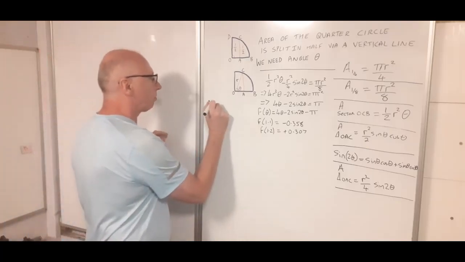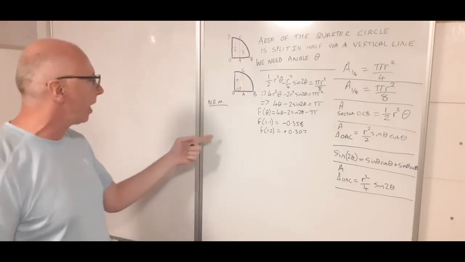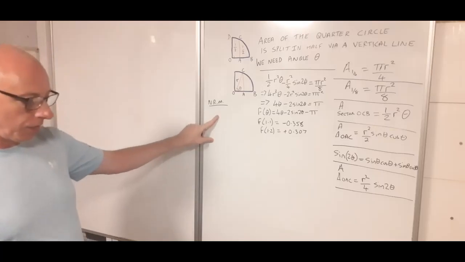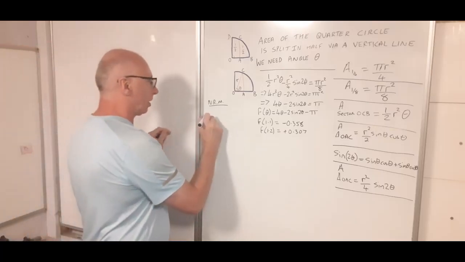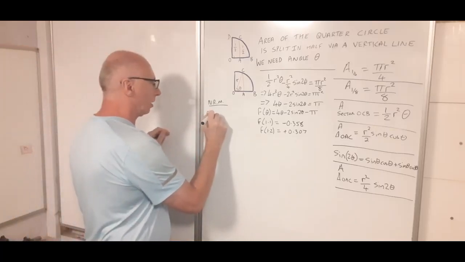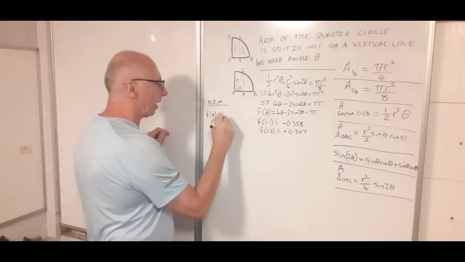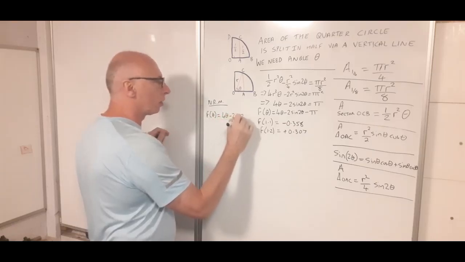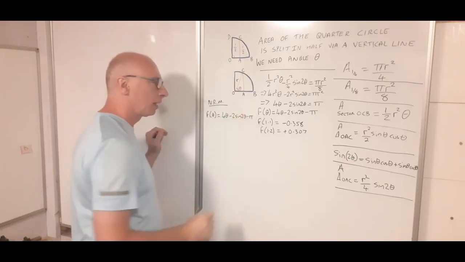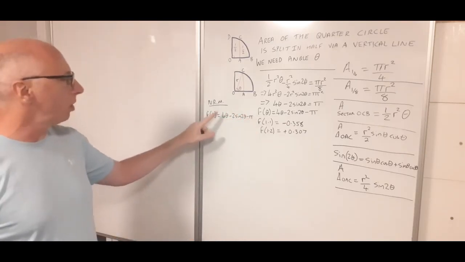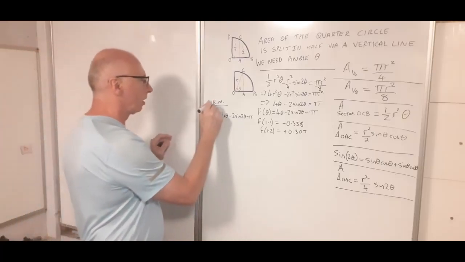So for the Newton Raphson method, what I would use is f of theta, which is 4 theta minus 2 sine 2 theta minus pi. I also need the derivative of this.